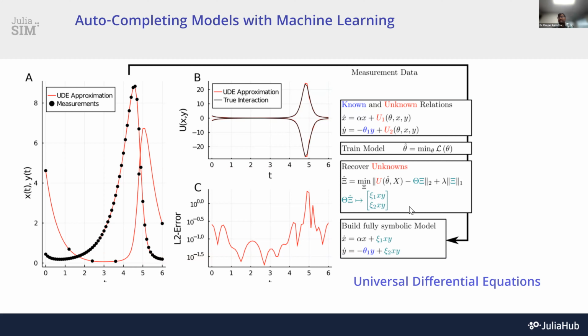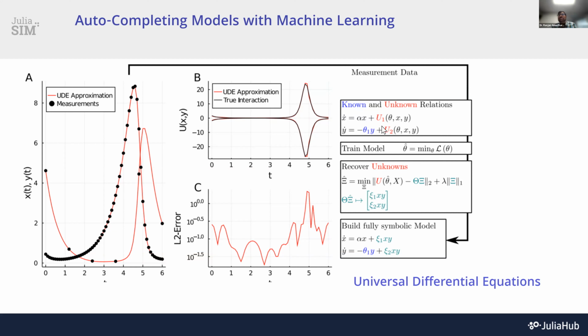But in this particular case, supposing you already have a physical model where you haven't captured the data, you can then use data to inform the missing parts of this model. So this is based upon an algorithm that our product head, Dr. Chris Rackauckas, had worked on, called universal differential equations.